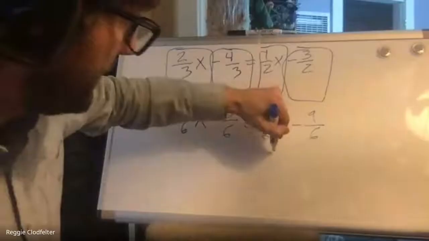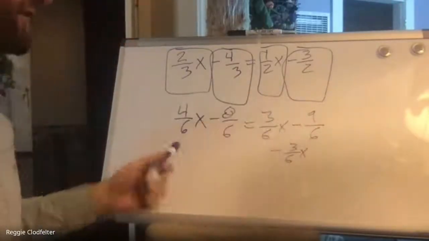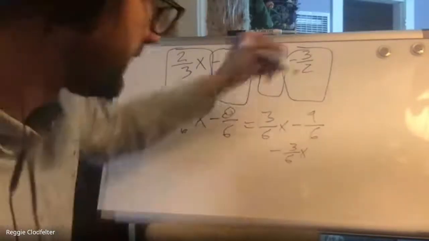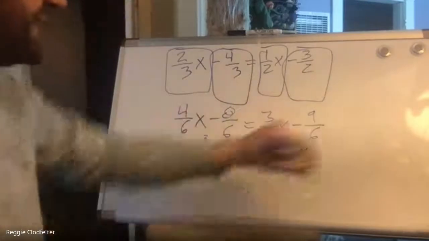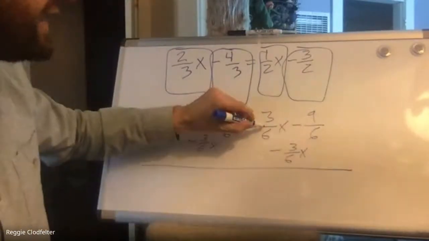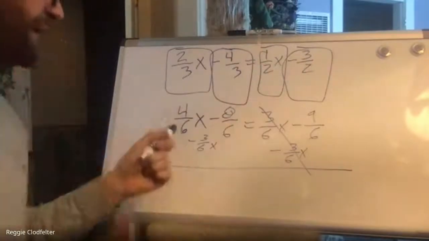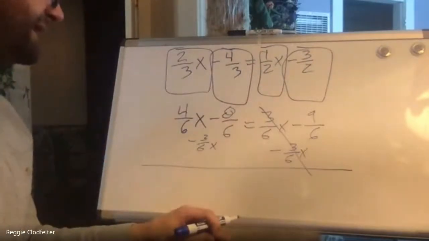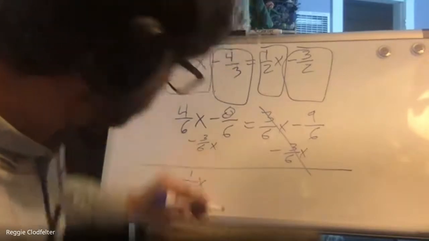So now I'm going to subtract 3/6 x from both sides. Remember, I'm just trying to get all my x's on one side and all my numbers on the other. 3/6 x minus 3/6 x is 0, so that cancels out. 4/6 x minus 3/6 x equals 1/6 x.